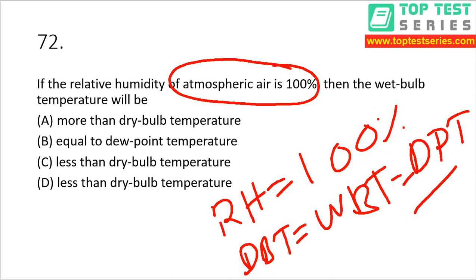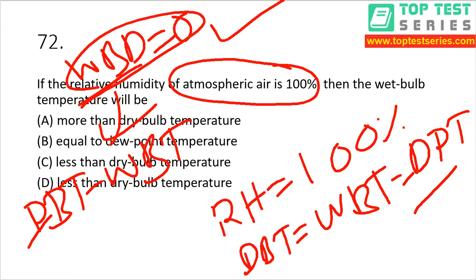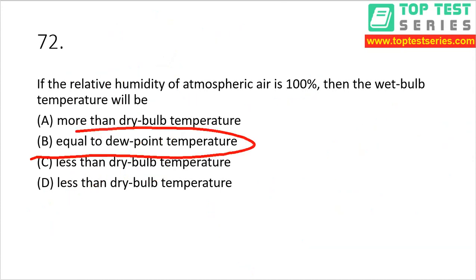In this case, wet bulb depression is equal to 0, because wet bulb depression is equal to dry bulb temperature minus wet bulb temperature. That is why wet bulb depression must be equal to 0. So answer for this question would be what, my dear? Equal to dew point temperature. Therefore option B is the correct answer for this question.